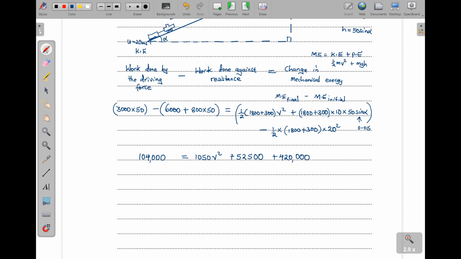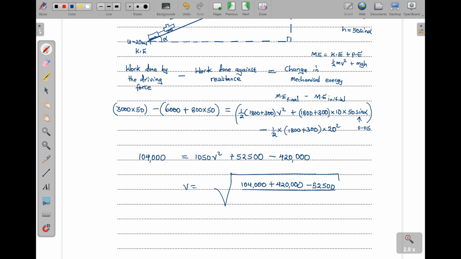Okay, then making V the subject, and here we are supposed to have a minus. Sorry for that, that's a minus. So V is going to be equal to the square root of 104,000 add 420,000. Remember, I've brought everything this side, okay? When this one crosses, it becomes a minus. So minus 52500.